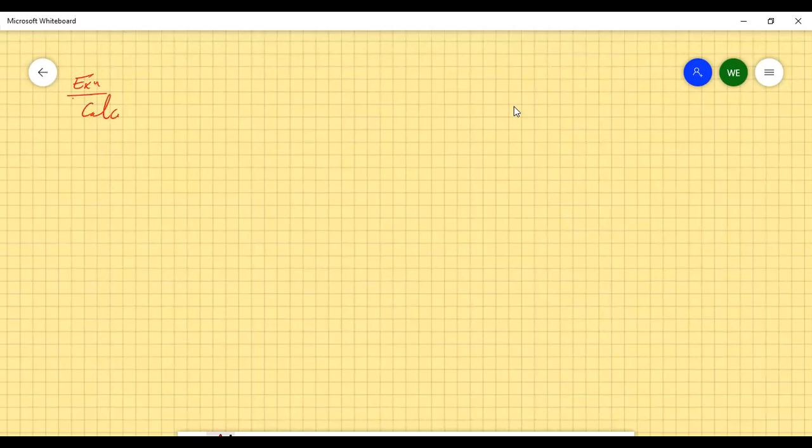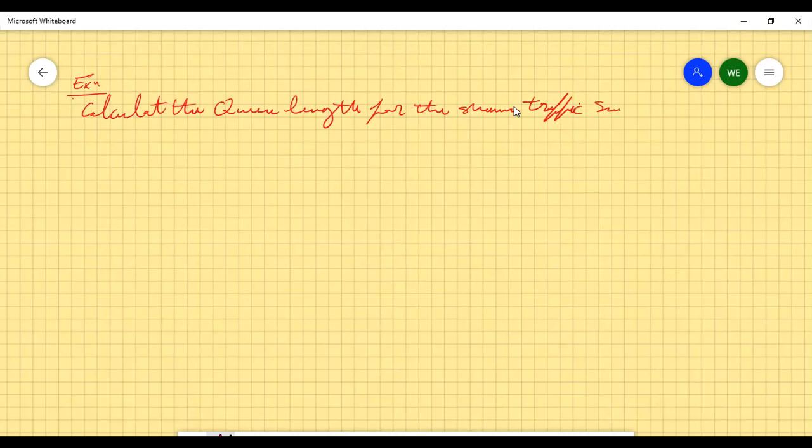Calculate the Q length for the shown traffic signal.